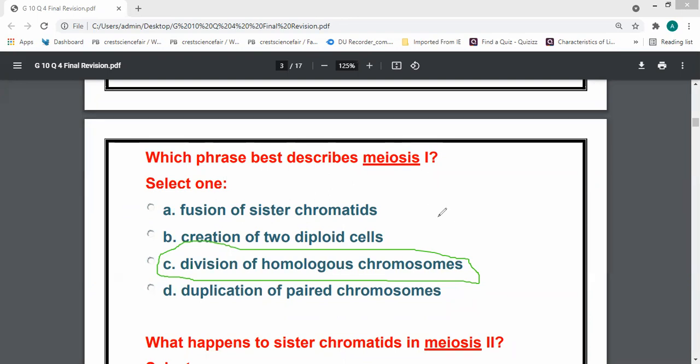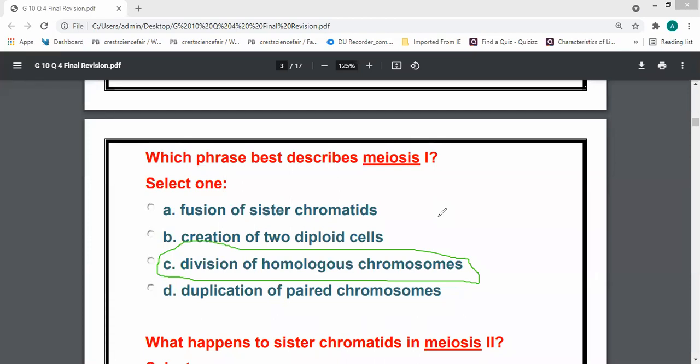This one, division of homologous chromosomes, but mitosis is division of sister chromatids. Answer me first, sorry. Is she right or wrong, firstly? She said meiosis one and mitosis are similar. So is she right or wrong? Wrong. Correct her answer, please.